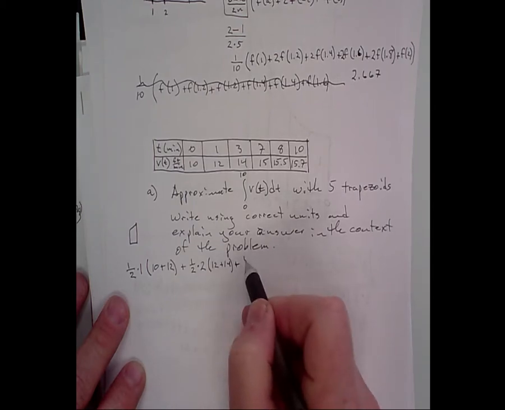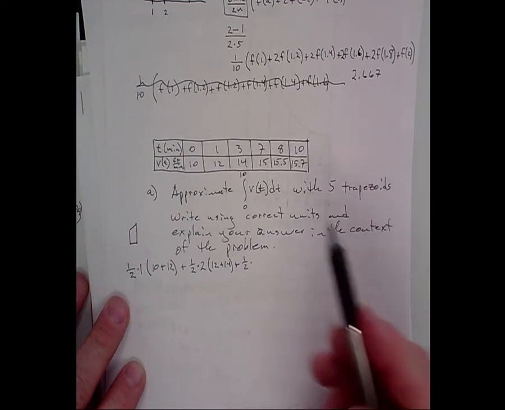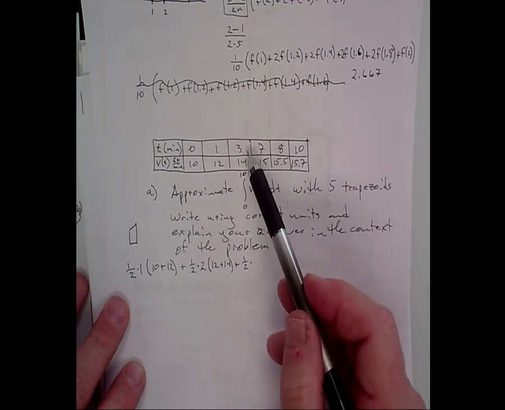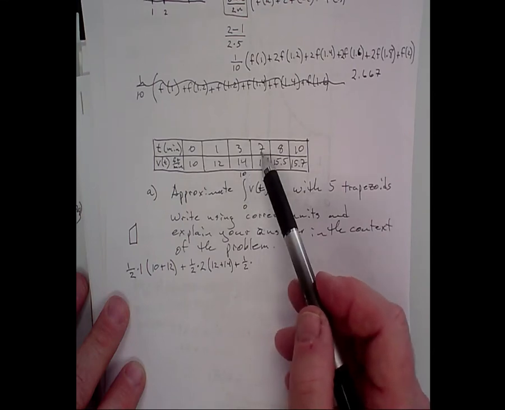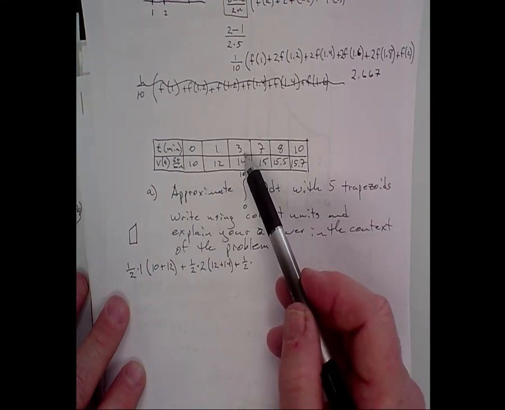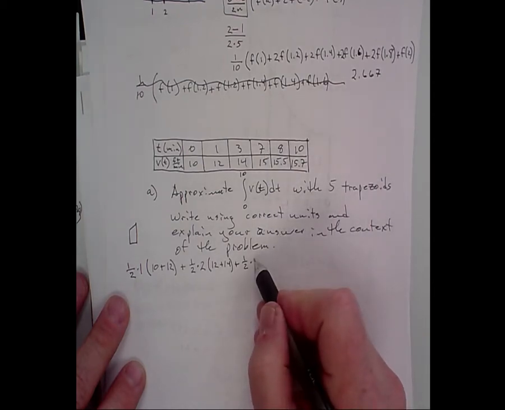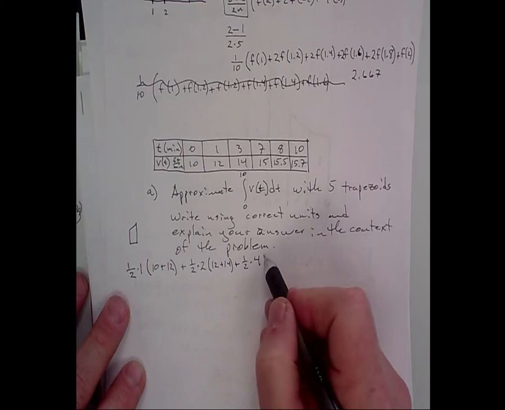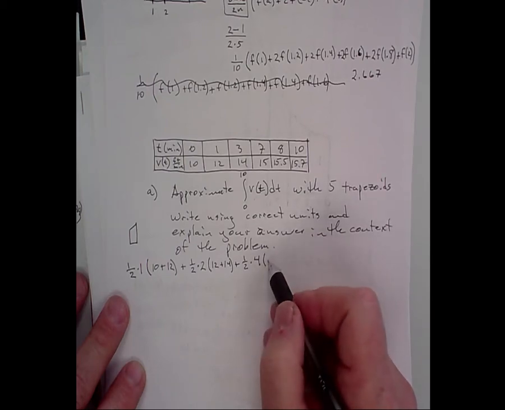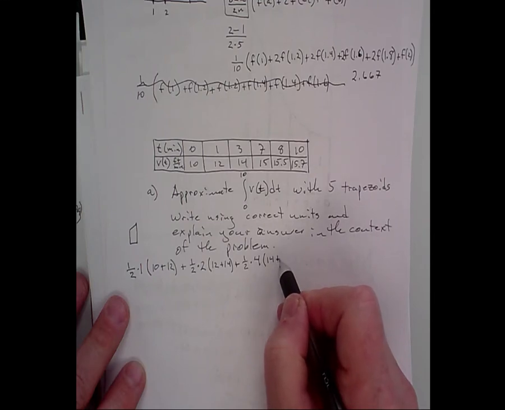Plus 1/2 times. Well, now this is my A, and this is my B. 3 is my A, 7 is my B. So what is it going to be here? 4. That's B minus A. Okay, so what am I going to have here? Well, I ended with 14, so it's going to be 14 plus what?